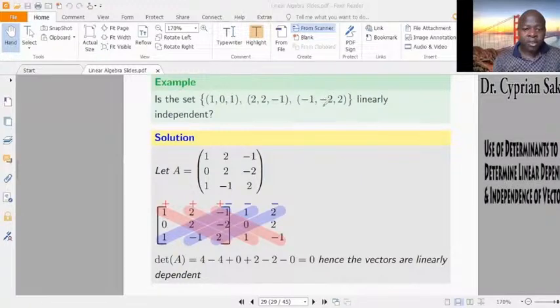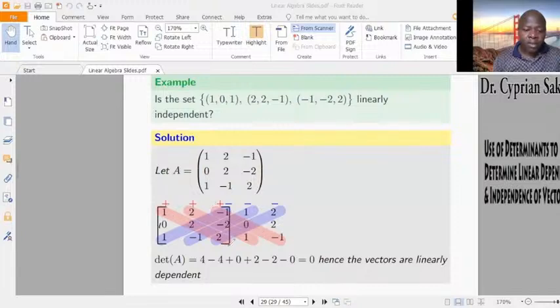The question is, is it linearly independent? So I extract my matrix from this. I have the first column, the second column, and then the third column. And then this matrix is here. Then I add the first two columns beside this.